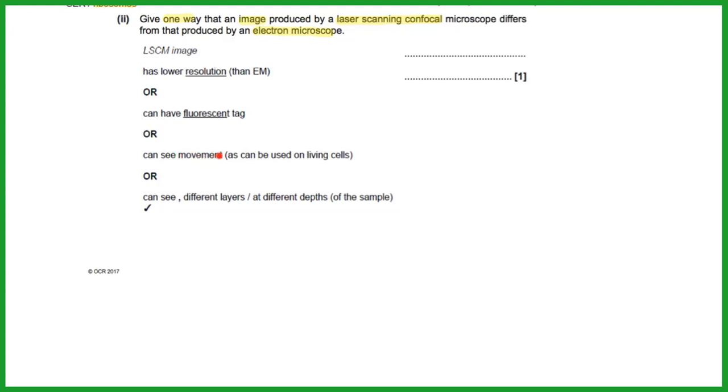You can see movement, which you can't see with an electron microscope because the specimens must be dead. And you can see different layers and different depths of the sample. So remember, the question is asking about the nature of the image, and it also needs to be a comparative statement because it's saying give one way that the image differs in a laser scanning confocal microscope to that of an electron microscope.